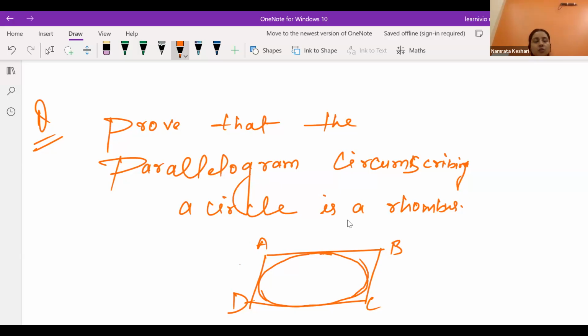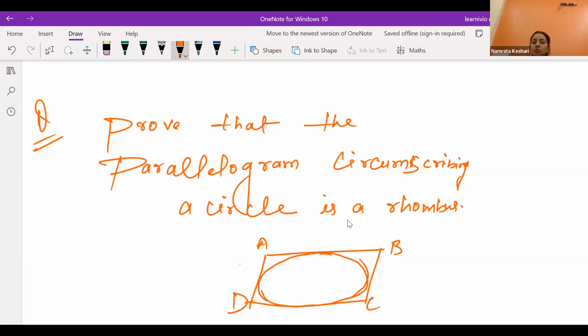You all know that a rhombus is a parallelogram, right? Rhombus, rectangle, and square are all parallelograms. These three polygons come from the parallelogram family.